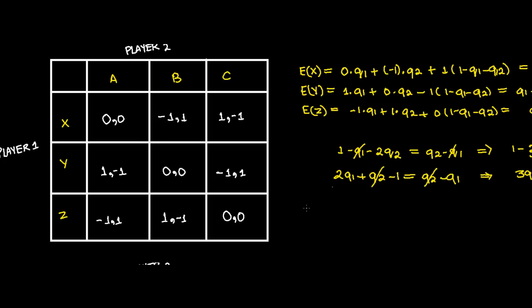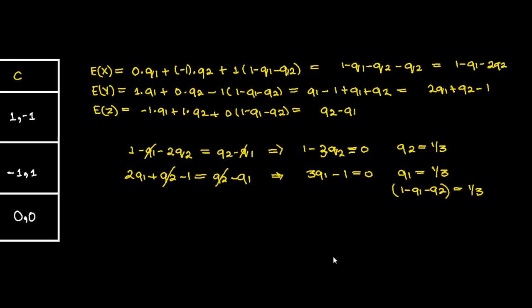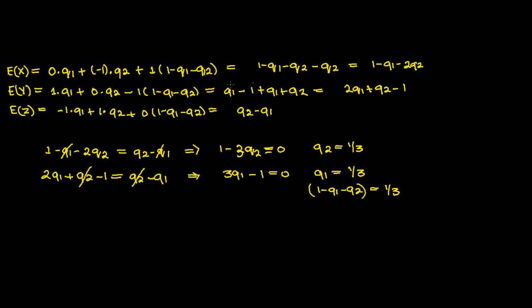And similarly EZ. If you simplify this, this is what you get: 1 minus Q1 minus 2Q2, 2Q1 plus Q2 minus 1, and Q2 minus Q1. So you can solve EX equal to EZ first, which gives you 1 minus 3Q2 equals 0, so Q2 equals 1 by 3.